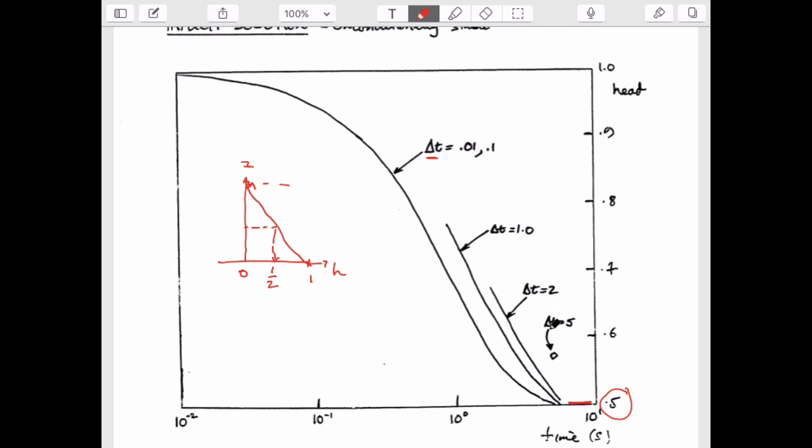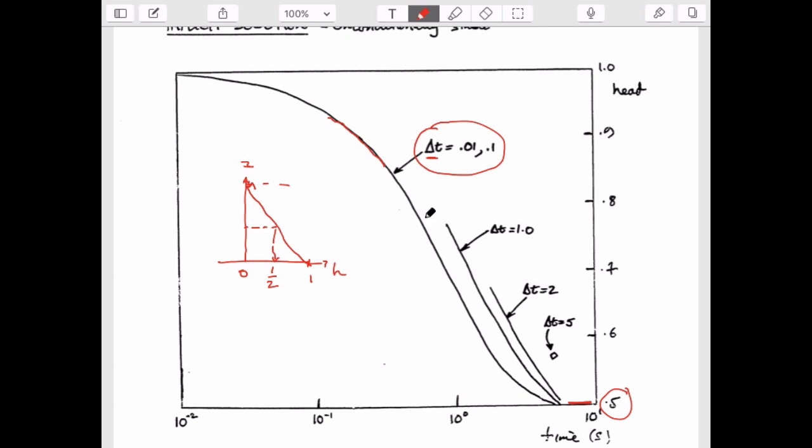In fact, even if we chose a time step of 100, which is long after it would have reached equilibrium, we'd still end up with a stable, steady state solution out of it. And of course, as we use a progressively smaller step, we asymptote to this true value for the time behavior, time discretization, which is not true. It's only true for the kind of spatial discretization that we've chosen.